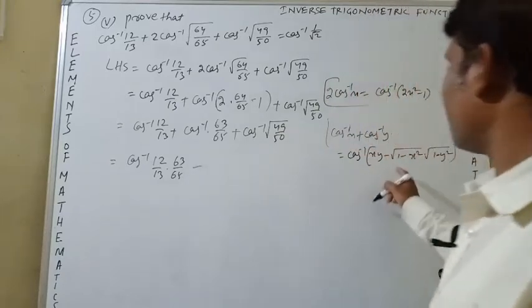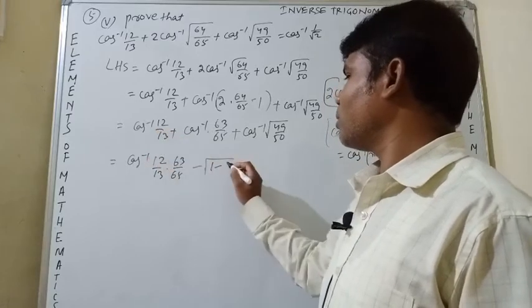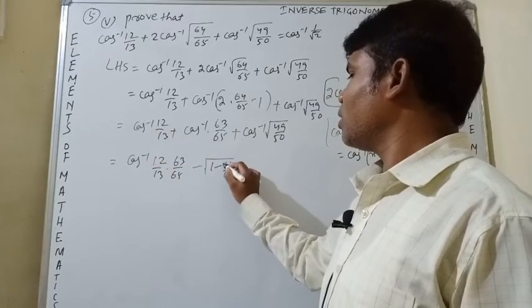minus root over 1 minus x square, that is root over 1 minus (12/13) whole square.